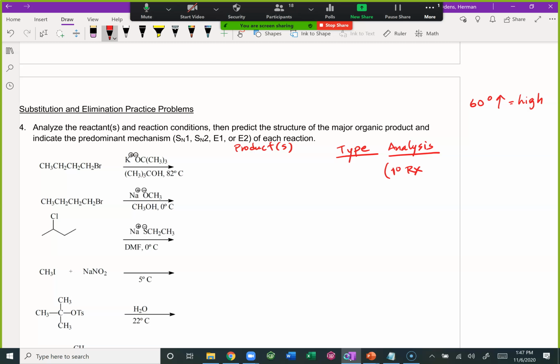You immediately jerk your hand out because it's hot. We know that the boiling temperature of water is 100, which definitely will burn us in an instant. So 82 is considered high. So this is a high temperature.